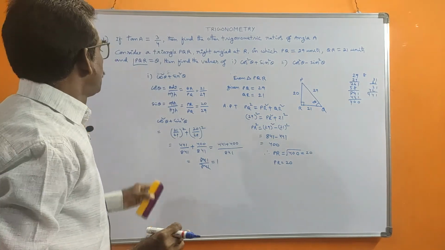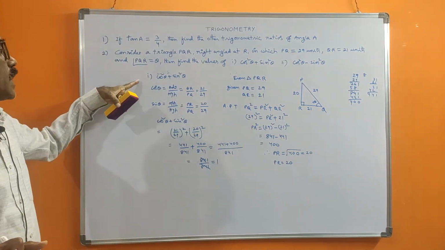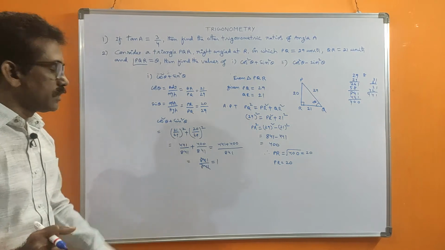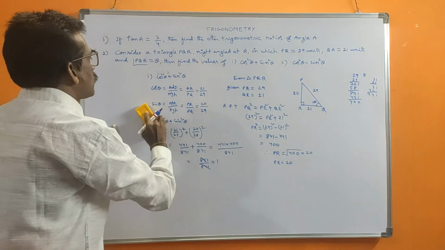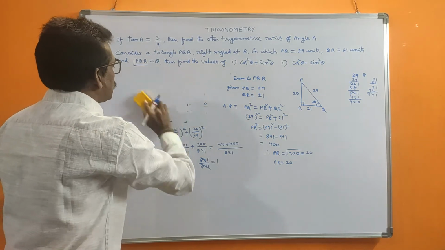So the value of cos square theta plus sin square theta is 1. Understood? Okay.